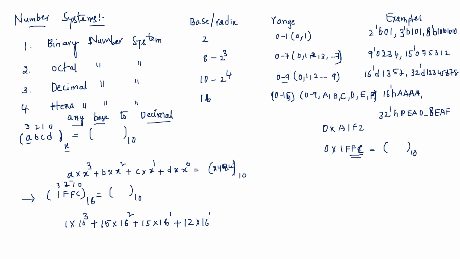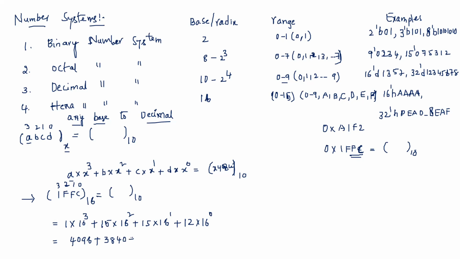In this way, we need to convert hexadecimal to the decimal number system. What is the value of 16 power 3? It is the 4 KB boundary, that is 4096. Then 15 into 256 is 3840.